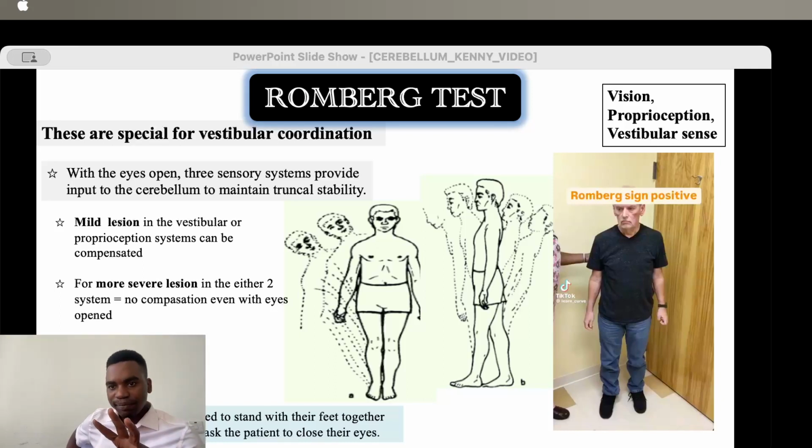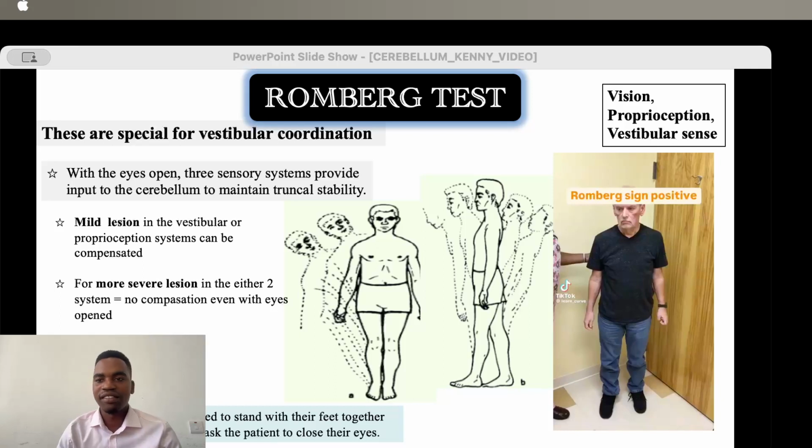Ideally, these three work together, but two of them can work together when the other one has damage or has a problem. For example, if we have a problem with proprioception, the remaining two, the vision and the vestibular sense, will always compensate for the deficit made by the missing component, the missing sensation.